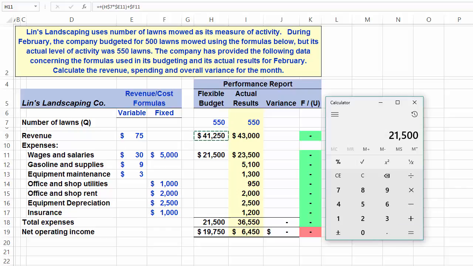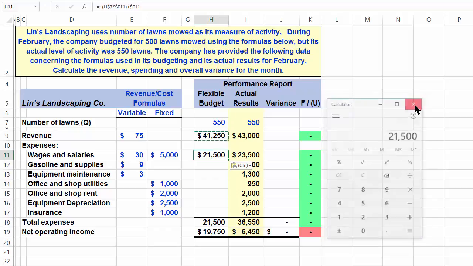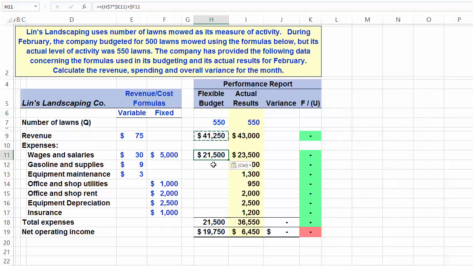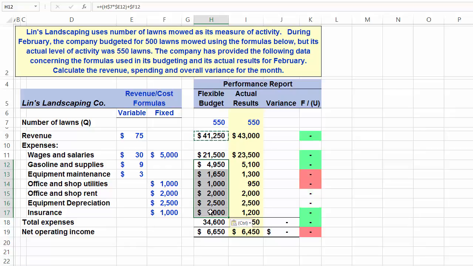We would expect to pay $21,500 for wages and salaries, and the remainder of our expenses we would expect to pay in total $34,600 in expense and earn net operating income of $6,650.